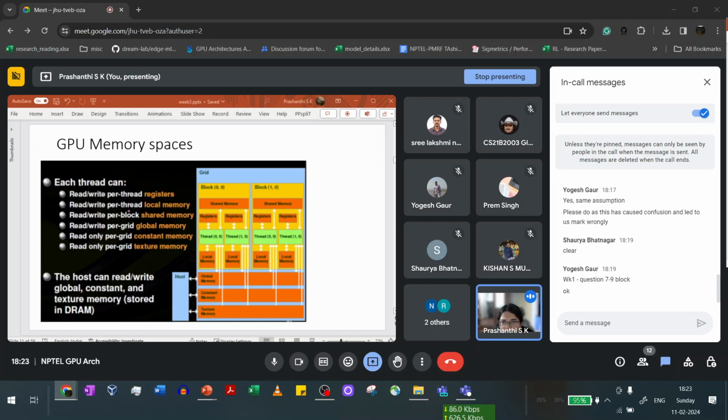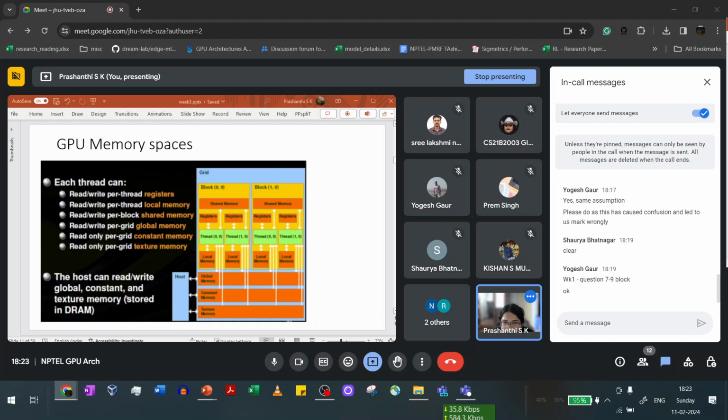So again, this is what the pictorial representation looks like. You have things like global memory, constant memory, and texture memory. And you also have your local memory, shared memory, and registers, right? And this is shown per grid.